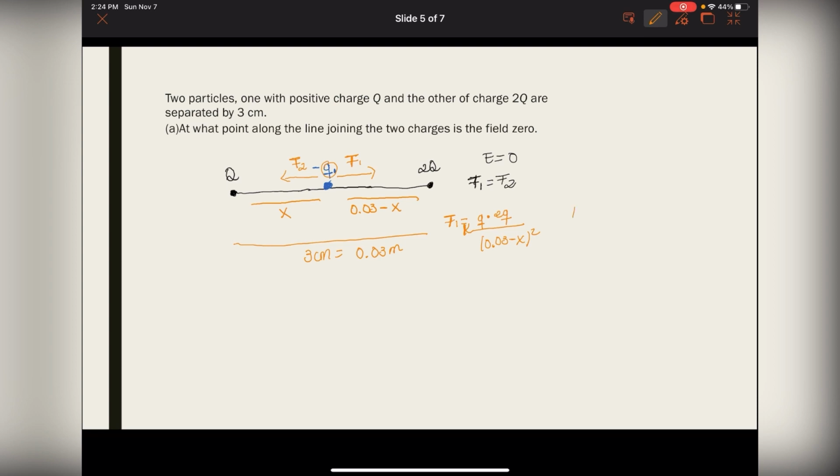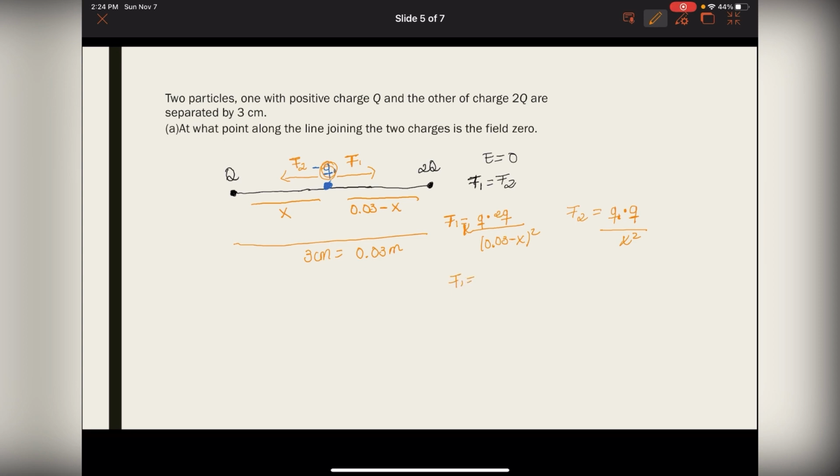And F2 equals Q prime times big Q, which we can also call little q to make things easier, over x squared.